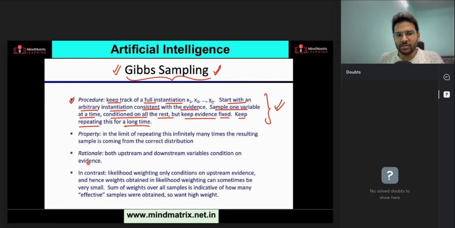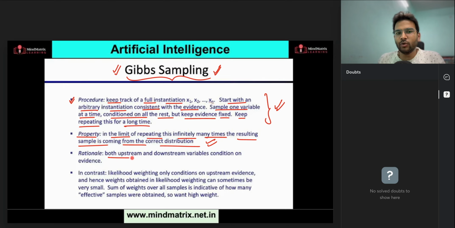So let's just read what it says. And what is the property? In the limit of repeating this procedure infinitely many times, the resulting sample is coming from the correct distribution. So whatever resulting sample you have will indicate the correct distribution.